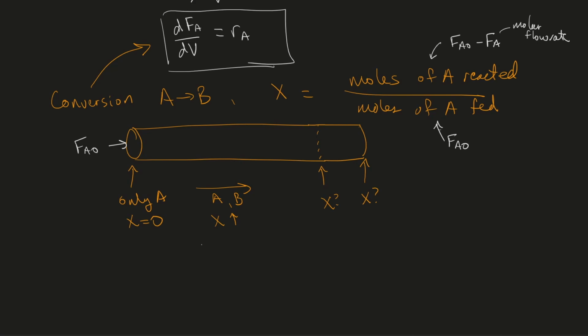So what we can do is now write X is equal to FA0 minus FA over FA0. And then we want to plug that into this equation right here for FA. So we need to solve this equation down here for FA. And we end up with FA is equal to FA0 times the quantity 1 minus X.